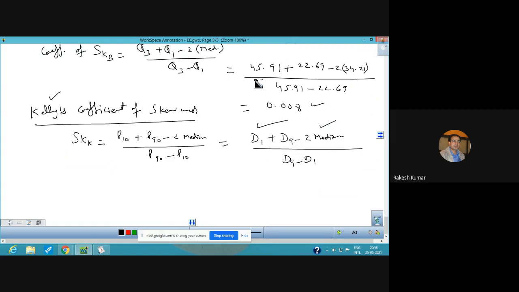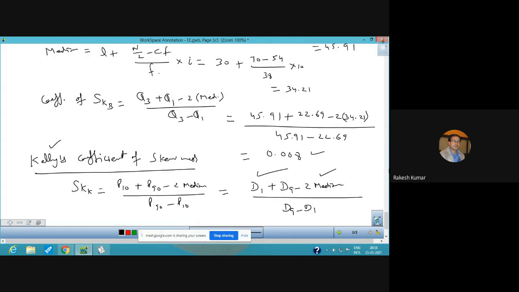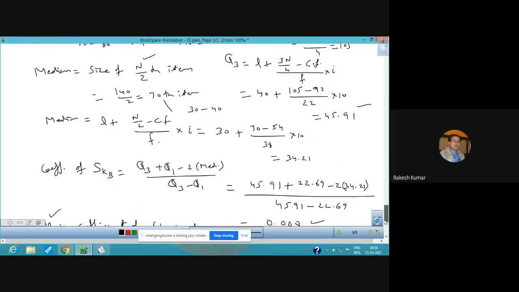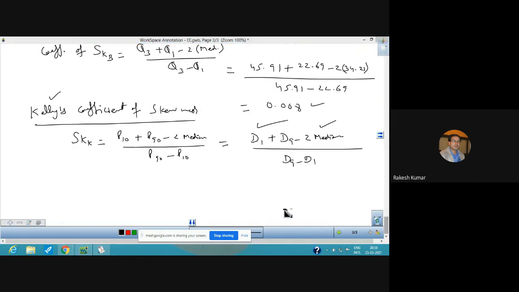The median we have already calculated for the same question. I am taking the example of the same question. So the median has already been calculated. Now you just need to calculate the value of the first decile, D1.